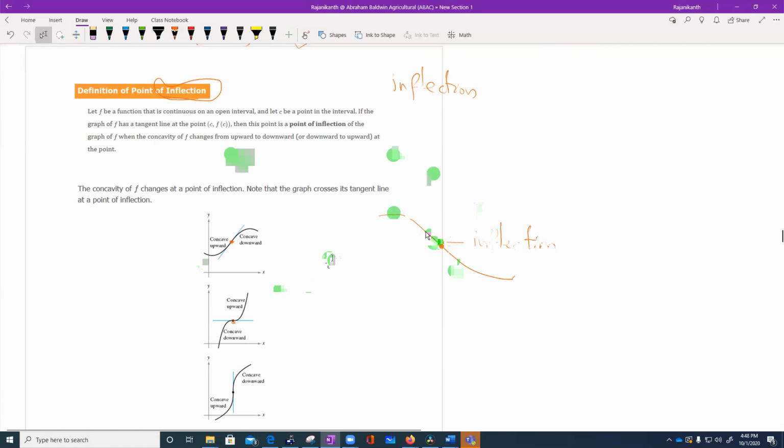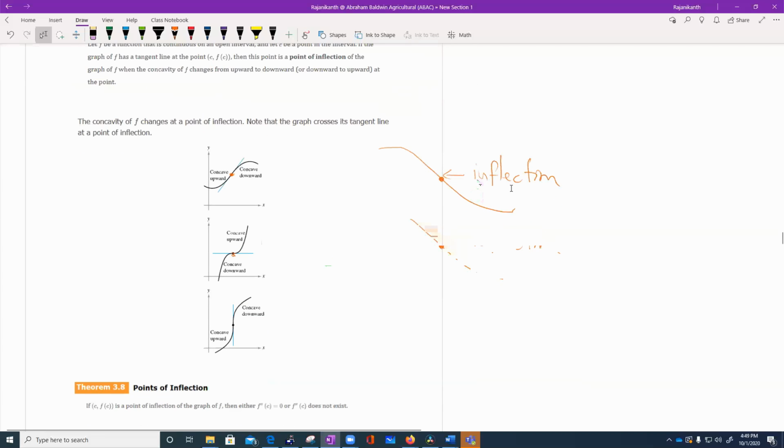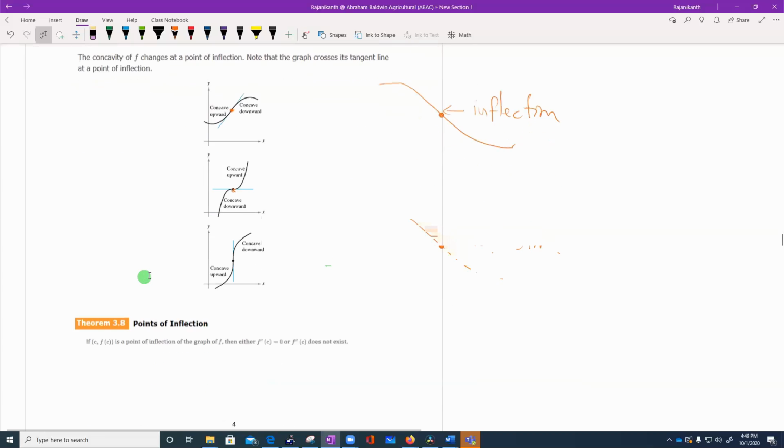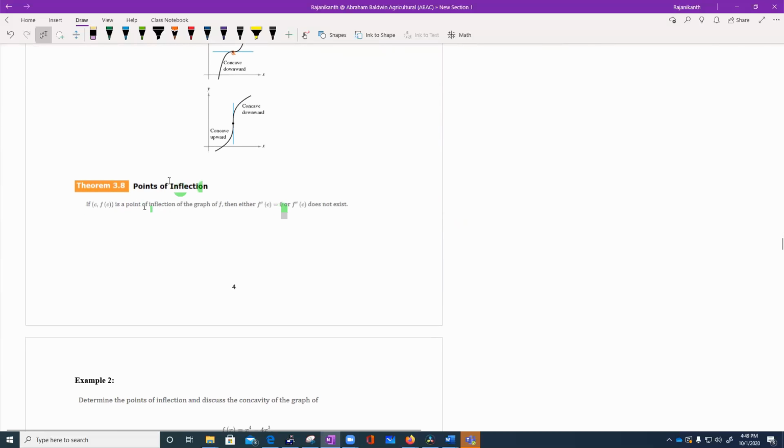But we need to know mathematically how we are going to find the inflection points in terms of calculus. So we have some applications of derivative to find the inflection point. Okay. So now look at this definition. How do you find the point of inflection? Well, this theorem says the point of inflection will occur where the second derivative is 0 or does not exist.